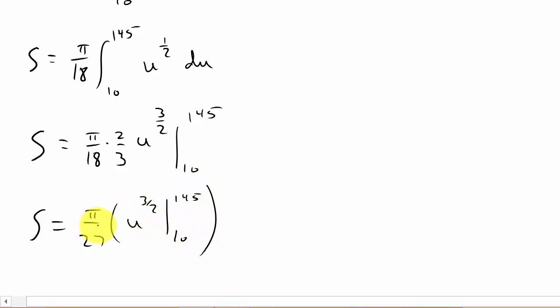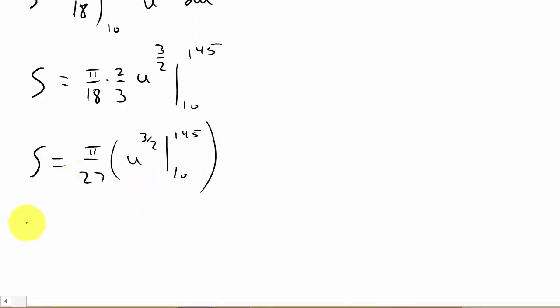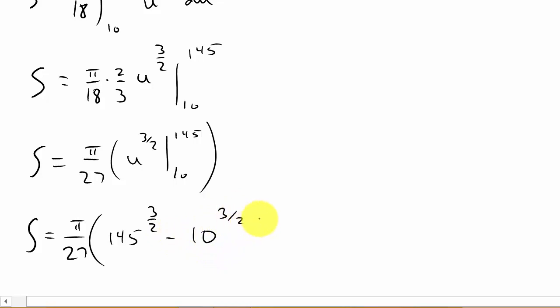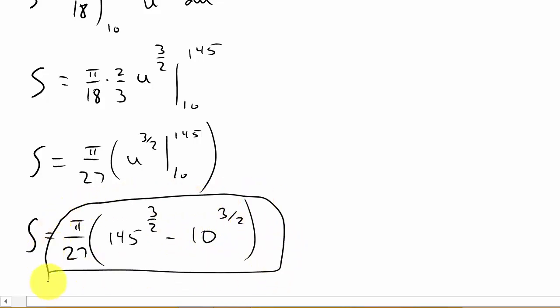If there's a coefficient out here, I like to separate it from this when I plug the numbers in. You don't have to do that, I just think it makes it easier. So that's pi over 27 times 145 to the 3/2 minus 10 to the 3/2. And this is your answer. If you wanted to, you can just punch that in your calculator and get a decimal answer. That's fine, but you can leave it like that too, whatever your teacher wants you to do.